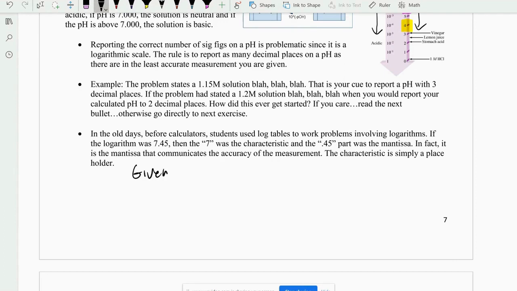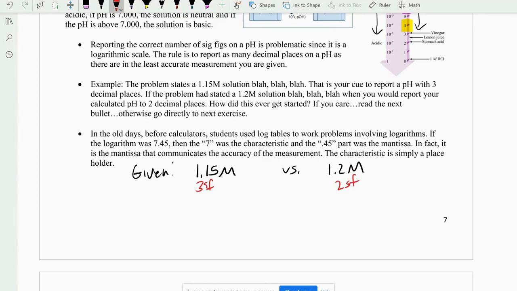If I am given a value, let's just say I'm given some molarities here. I'm given 1.15 molar versus 1.2 molar. And let's say that these values I'm going to use for calculations to go to pH or something like that, for example. Now, what you should see here is that in this first value, this is 3 sig figs, and in the second value, it's 2 sig figs, right?